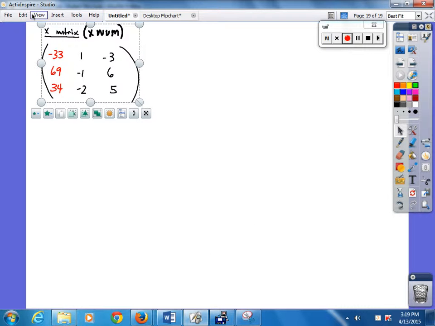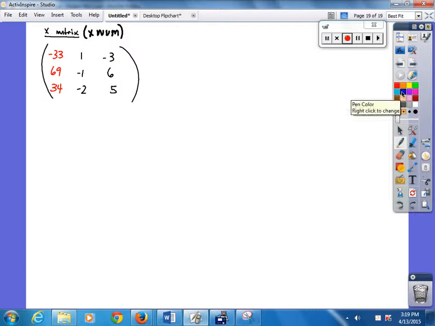This one's going to be fun, huh? Got big numbers. Keep, change, keep. So that's going to be a negative 33, a negative 1, and a negative 3.